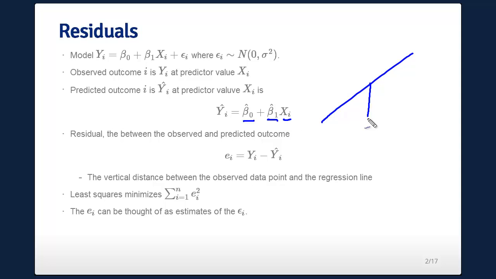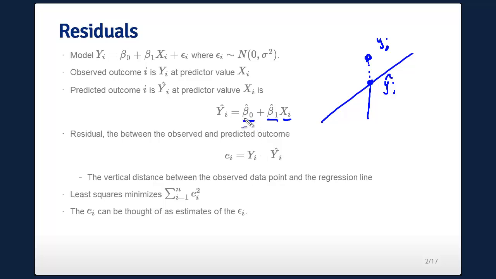So that is the value at the regression line, right? That's yi hat, and the actual data point, that's yi. And remember, our least squares criteria minimizes the sum of the squared vertical distances between the observed data point and the fitted line.